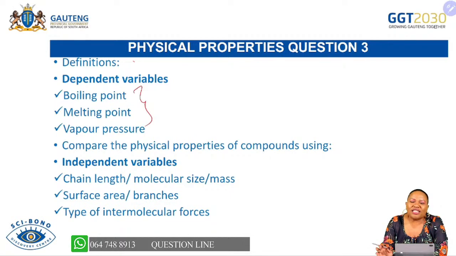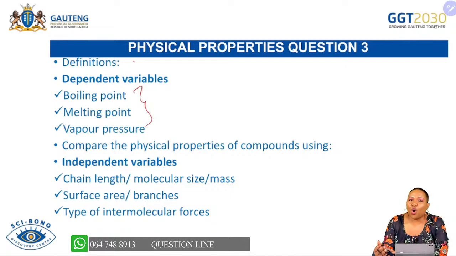As you know, these are your physical properties; they are the things that you are going to measure. They are the variables that you are going to determine. When they say the variables that you are going to measure, determine, or investigate, I'm using all these verbs so that you know they can say measure, they can say investigate, they can say determine.